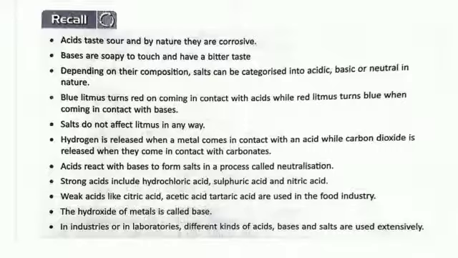Hydrogen is released when metal reacts with acid. Here you can take an example we have already explained: iron plus HCl. The formed salt is iron chloride plus H2, hydrogen gas.